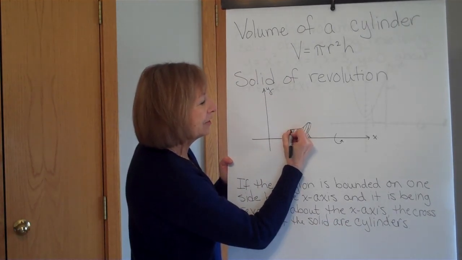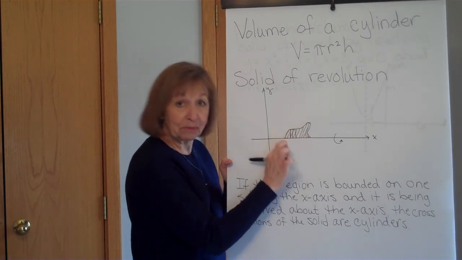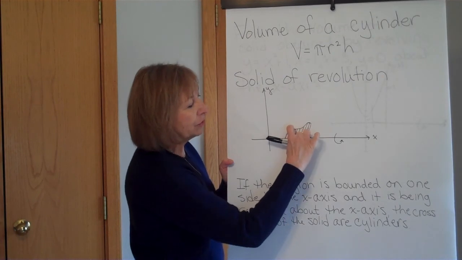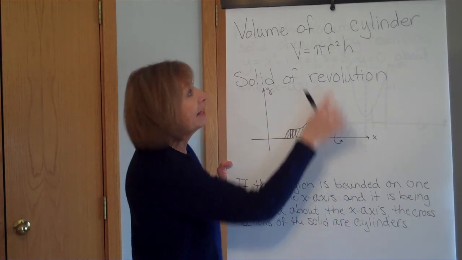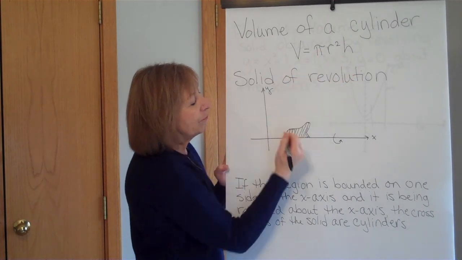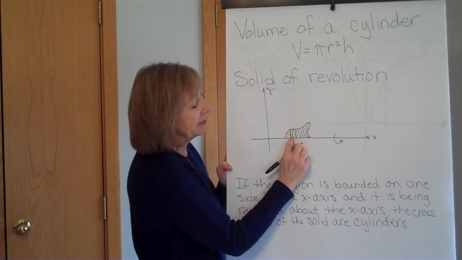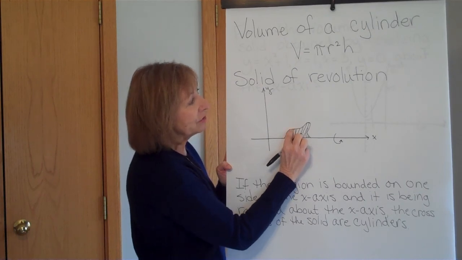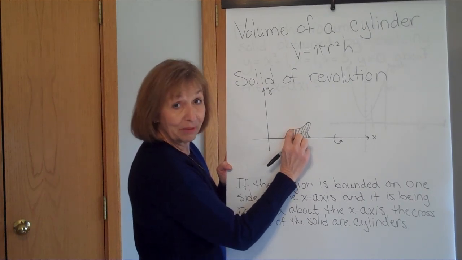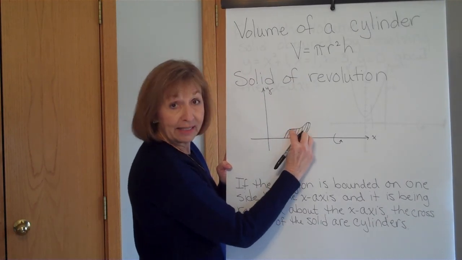If I had these little subrectangles and spun them around and around, those are just going to be cylinders. That's why it was important for us to do the volume of a cylinder. For these cylinders, the x-axis is what I'm spinning around, so from the x-axis to the curve, that's going to be your function value, and that's going to be your radius.